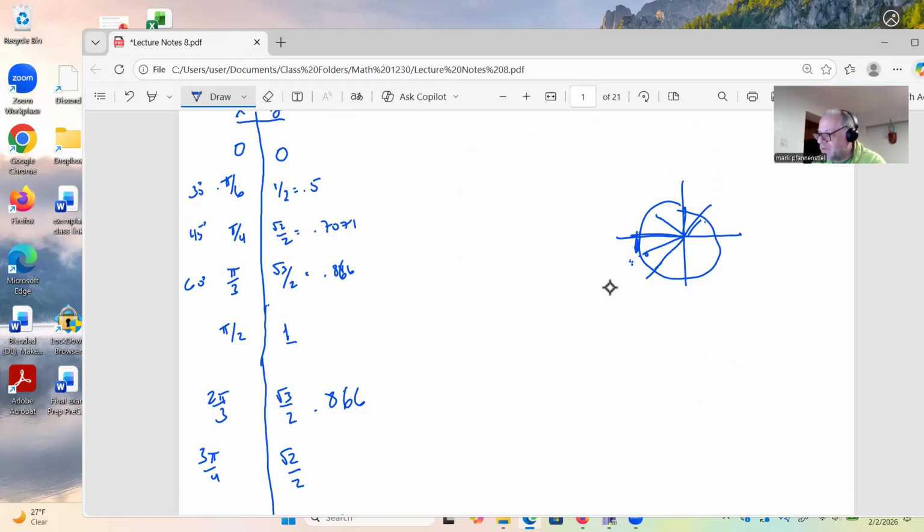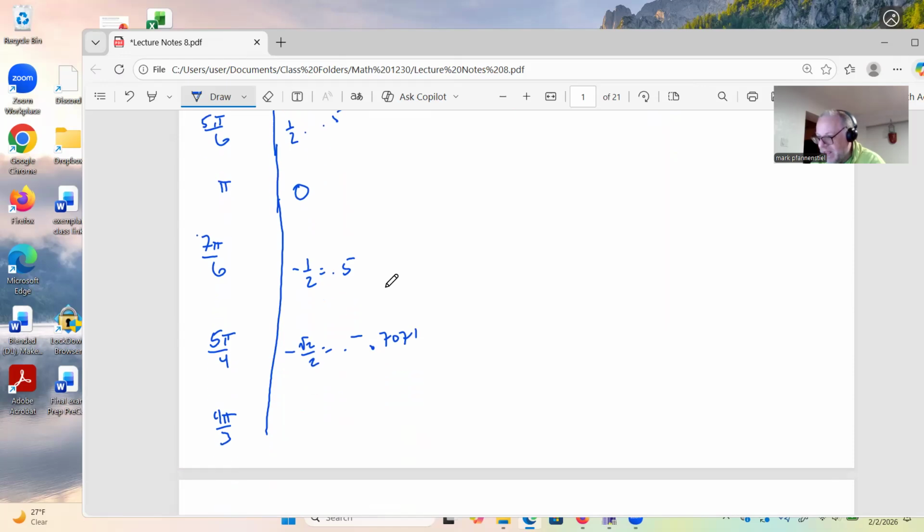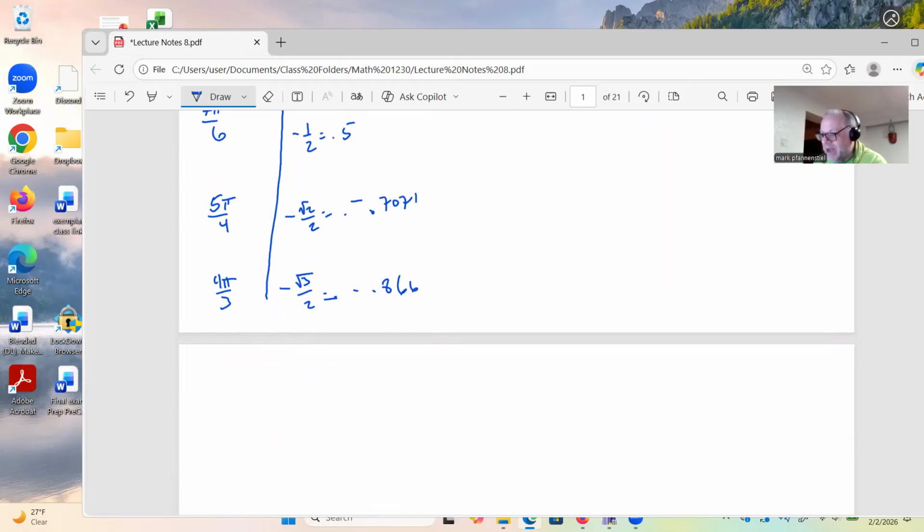If we look at what 4 pi over 3 would be in the first quadrant, we end up with pi over 3. But we're in the third quadrant, and the y value is negative, so we end up with negative square root of 3 over 2, or negative 0.866.